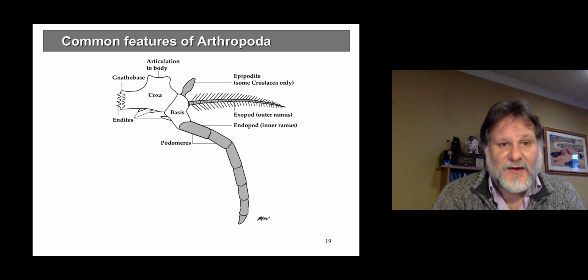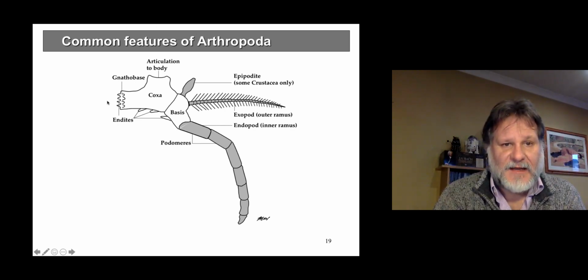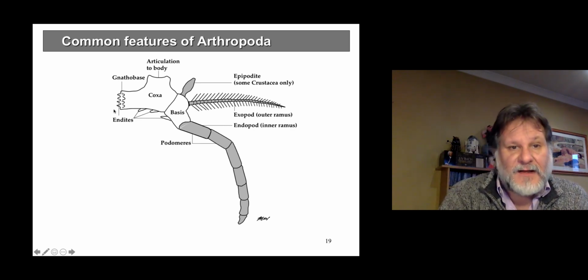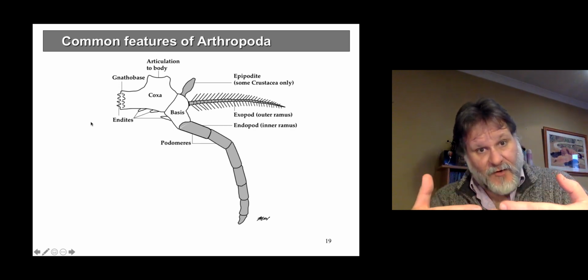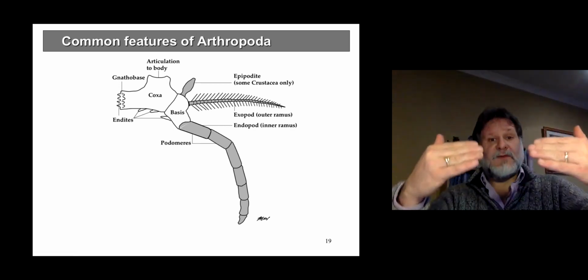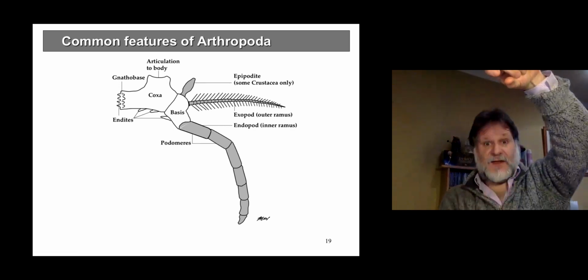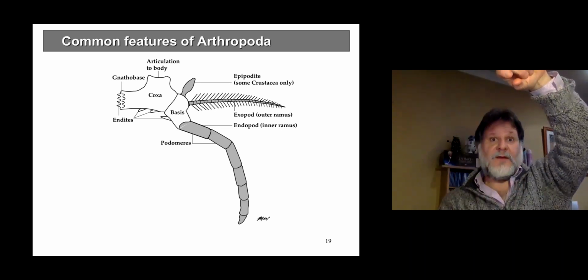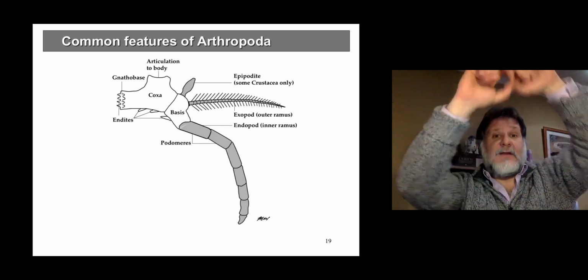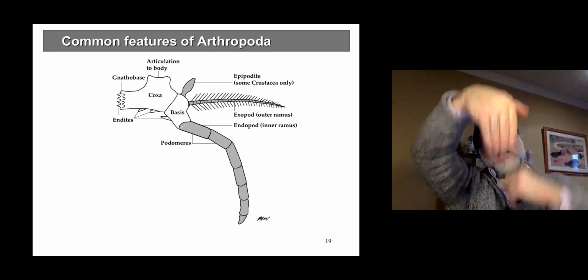So you have to imagine another limb on the other side here doing the opposite mirror image thing, and then in the middle here is this ventral food groove. So in something like a trilobite, every pair of limbs has a gnathobase down the centre, and there's this food groove going anteriorly up to the labrum and the mouth.